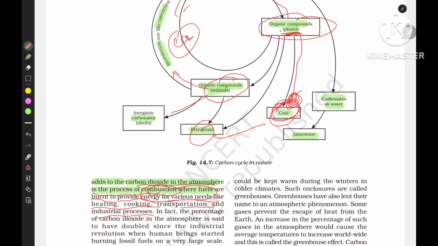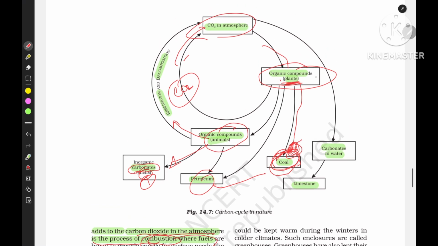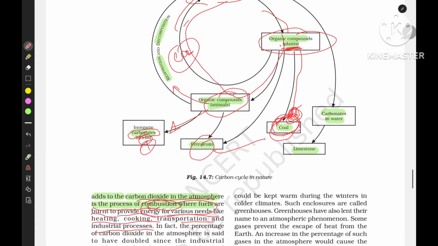In some animals, carbon is used to form cells and the exoskeleton, in the form of carbonate. So carbon first circulates through the plants, then the animals, and goes back to the atmosphere.